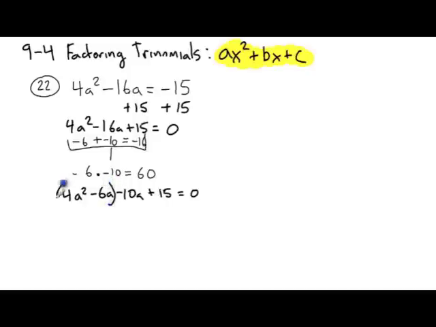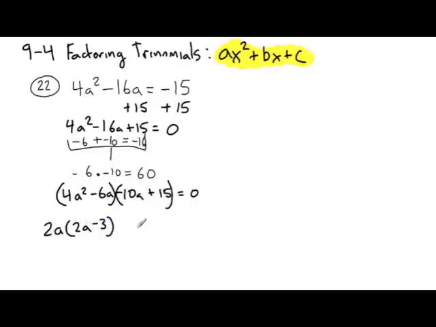I like the 4a squared with the 6a, and I like negative 10a with the positive 15. So let's factor out 4a squared and negative 6a. 4 and 6 share a 2, and they share an a as well. So in here I'm left with 2a and minus 3.